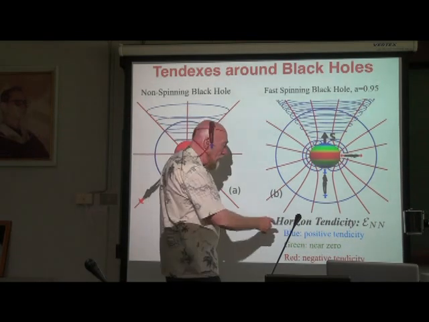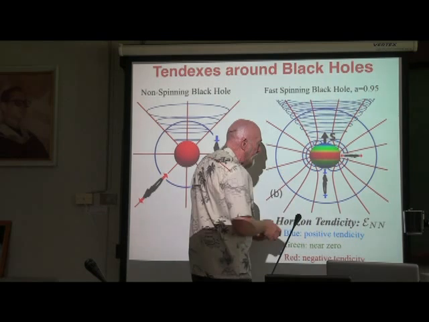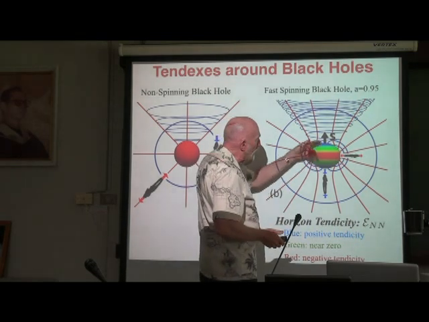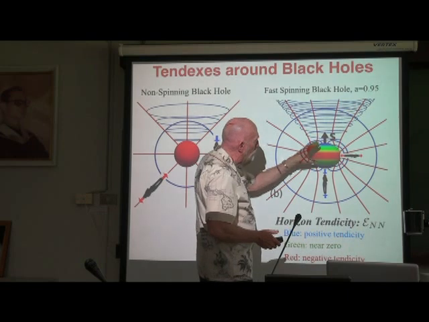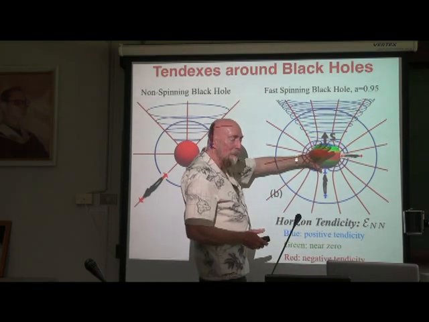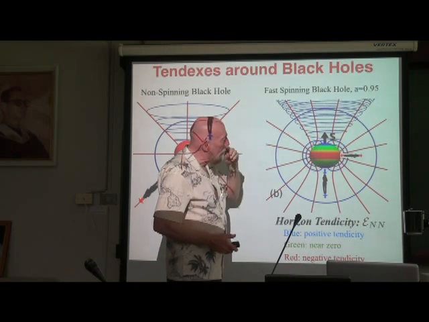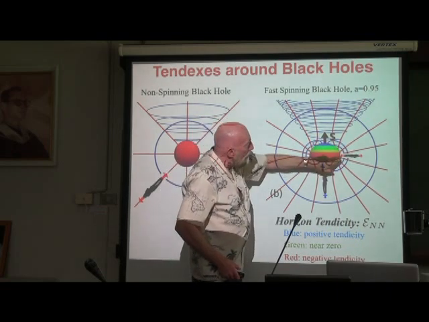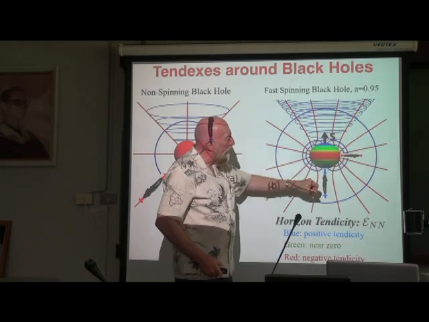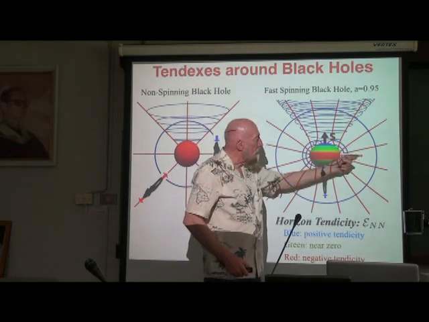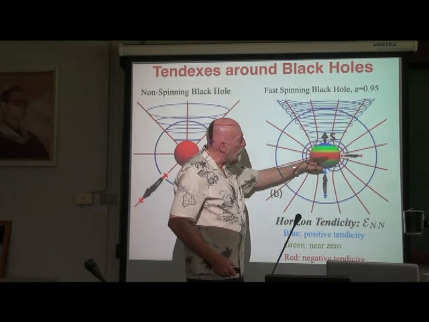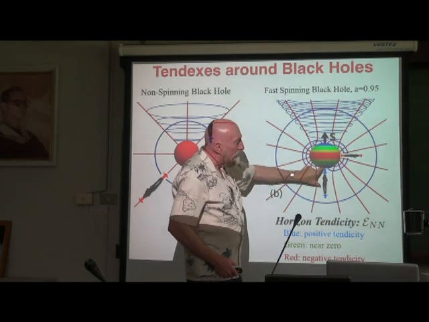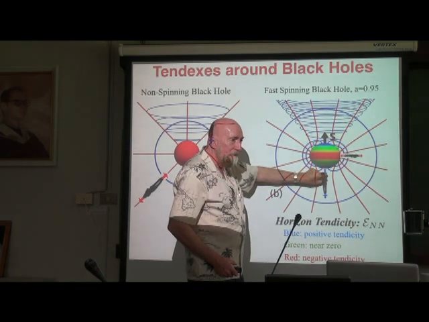We can also define a horizon tendicity. This is for the horizon of the black hole, which is colored here. It's not black, it's really black, but it's colored. If a person is oriented perpendicular to the horizon, she gets stretched if she's above a red part of the horizon. She gets squeezed if she's above a blue part of the horizon.